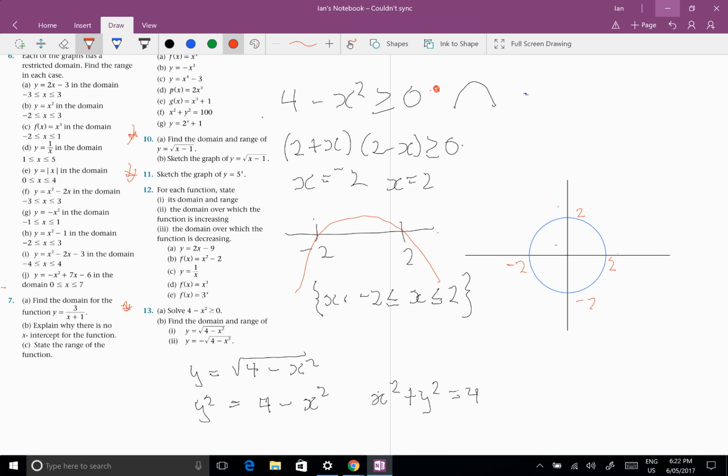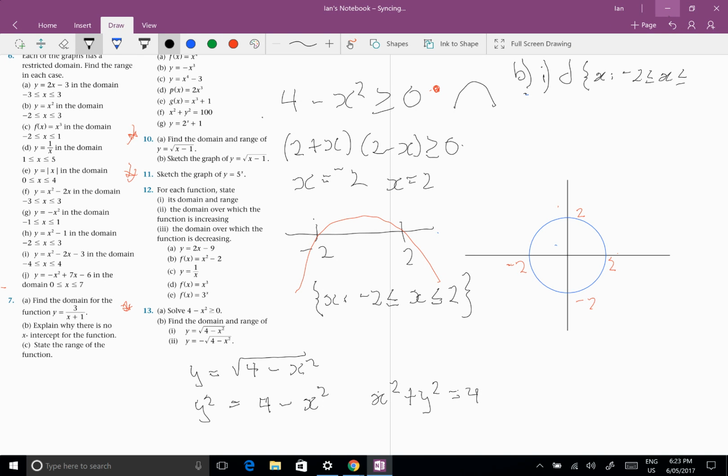So for the first one, for 13b number 1, it says what's the range and domain of that? Well, that's only the top half of that circle. It's the top semicircle. So the domain is x between -2 and 2.